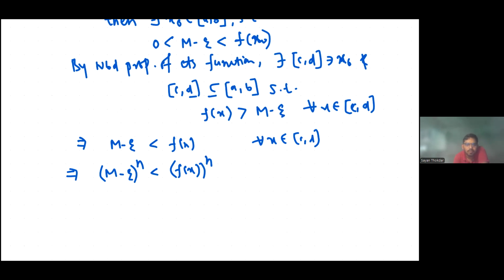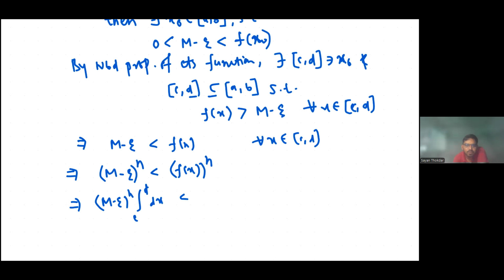Now, (M minus epsilon) to the power n, integrated over c to d dx, is less than the integral of f of x to the power n, because of continuity. If you know the Riemann integral property related to continuity, both are non-negative functions, and their values differ at least at one point, so their integrals also differ in the same sign, less than or equal or greater than.